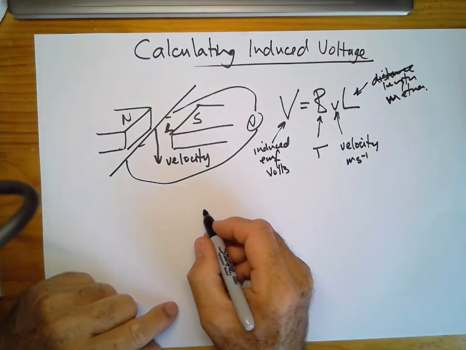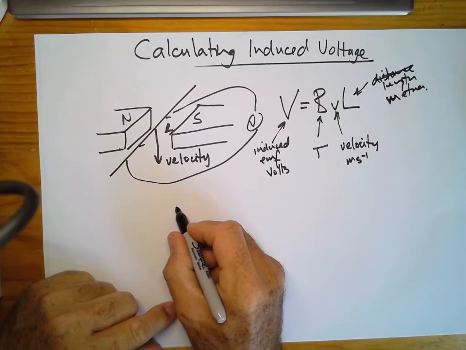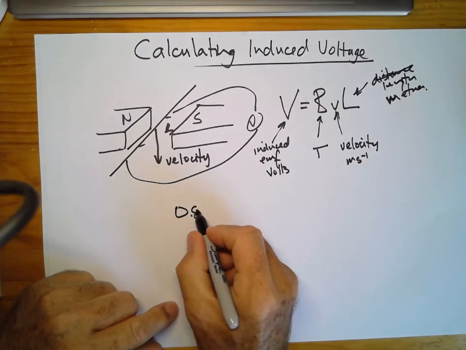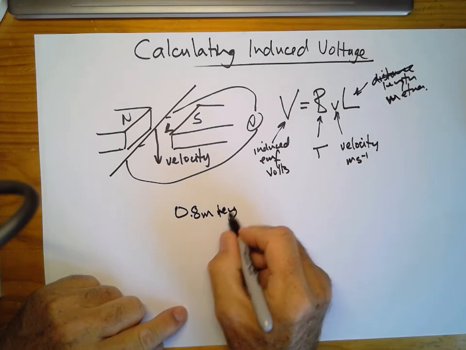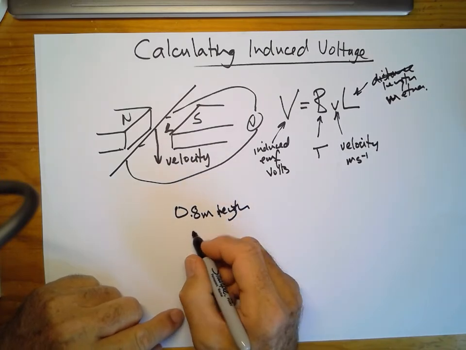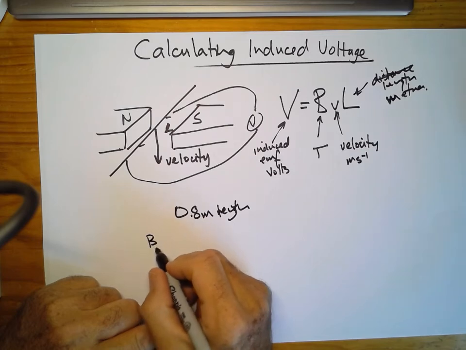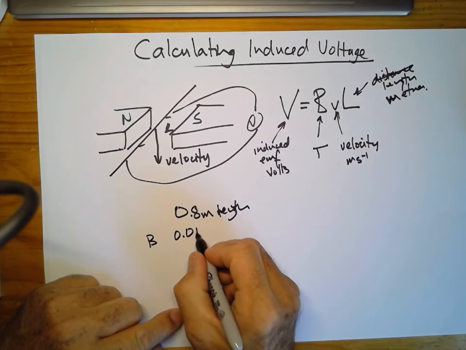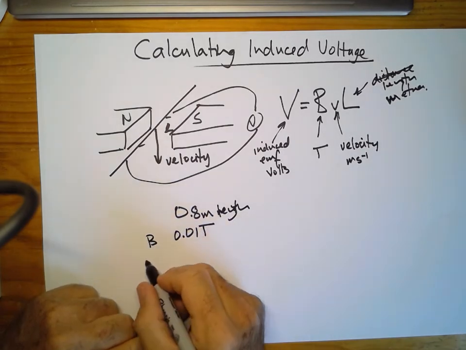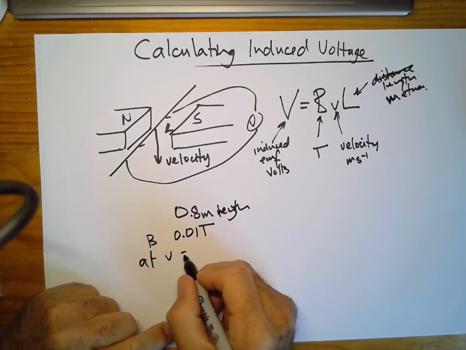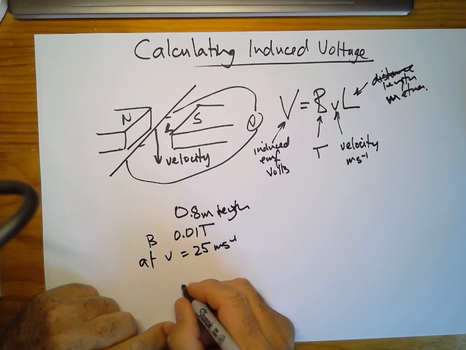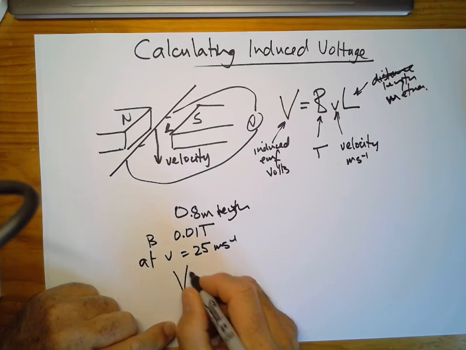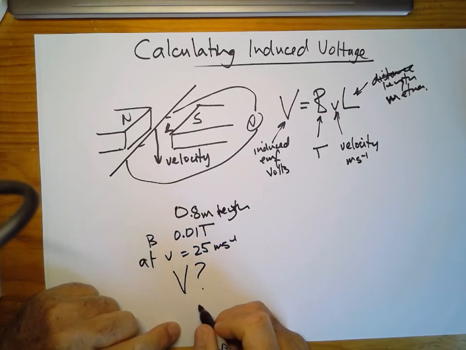So for example, if we have a length of wire 0.8 meters, and it moves through a magnetic field of strength 0.01 Tesla at speed equal to 25 meters per second, what is the size of the induced voltage, the induced EMF?